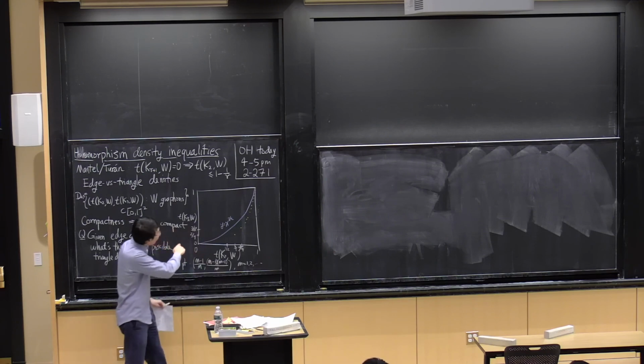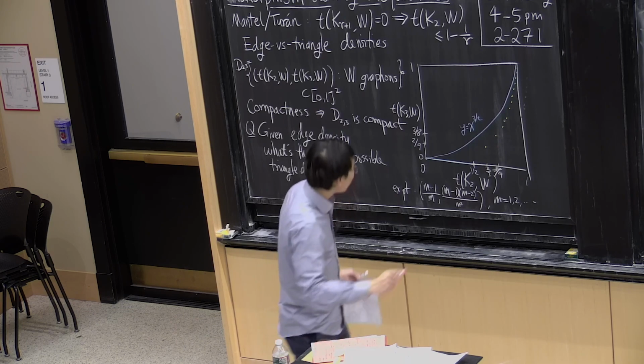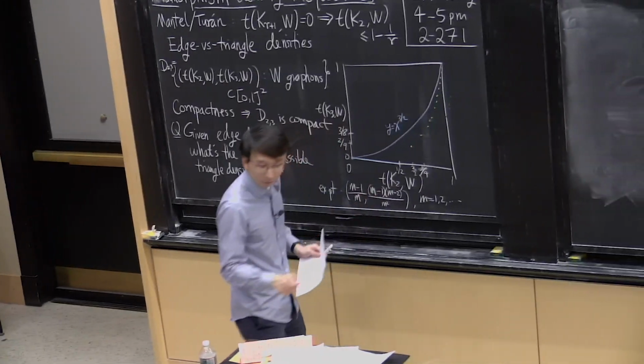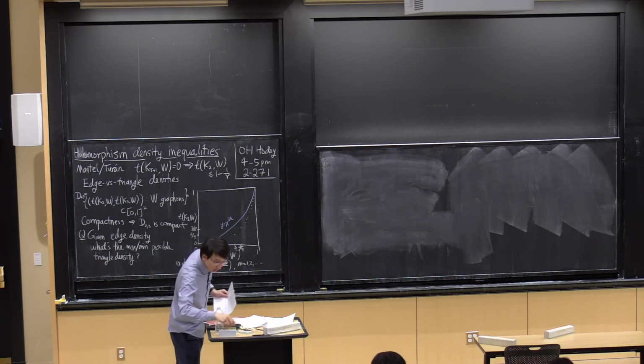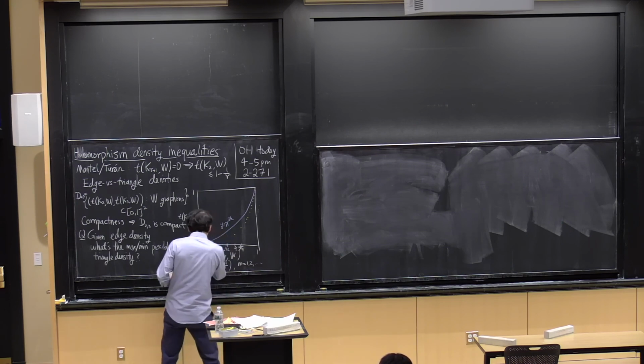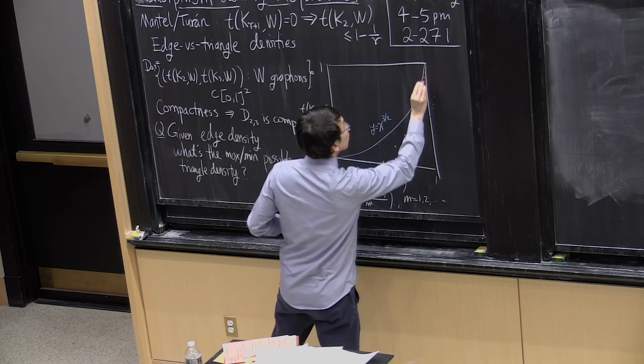So, okay, you have this sequence of points. Now, it happens that all of these points lie on a curve. So let me try to draw what this extra curve is. Okay, so there's some curve like that.